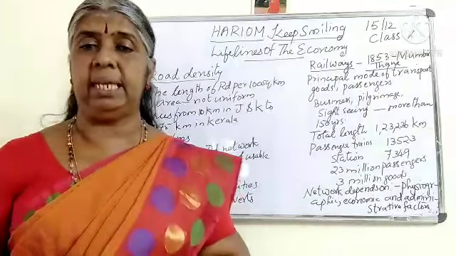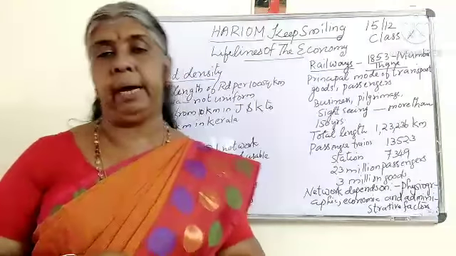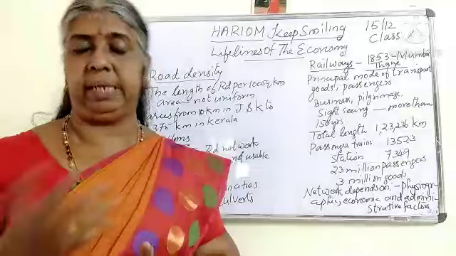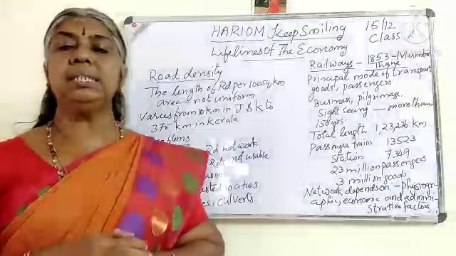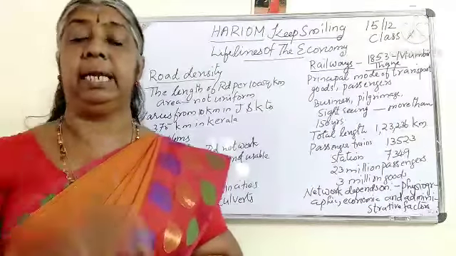For example, in the northeastern hilly region of our country, it is not possible to construct roads like in the northern plains of India or the peninsular plateau region, because the northern plains are leveled lands, so it is easy to construct railway lines or roadways. But in the northeastern hilly region, there are ups and downs.